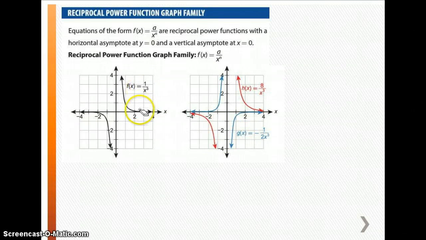Okay, and so here's the parent function, and here it is changed in two different ways. Notice also that this one was multiplied by a negative, so this one actually caused the function to flip, or be reflected across the x-axis.